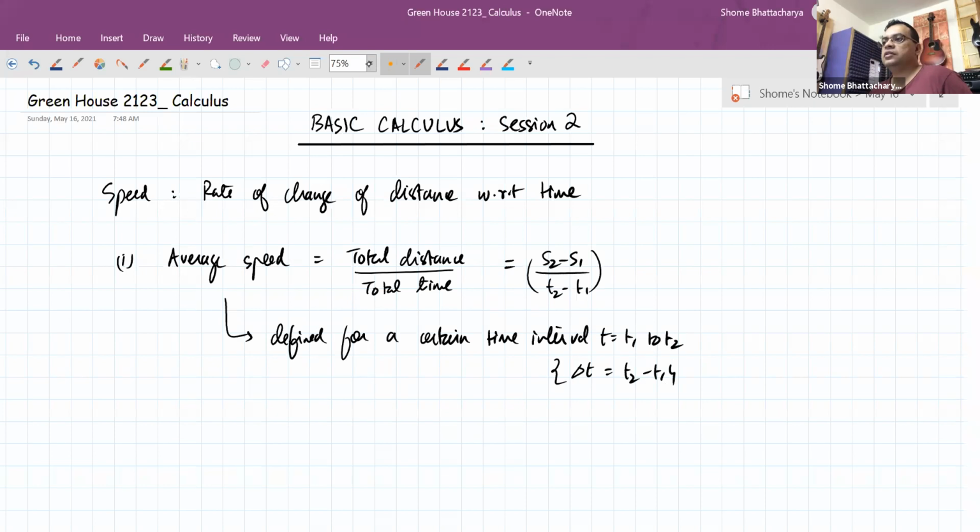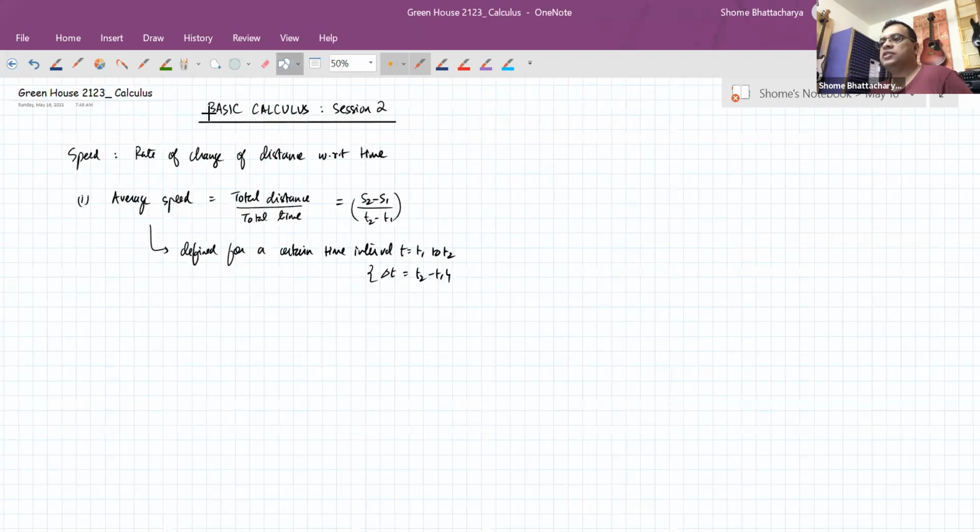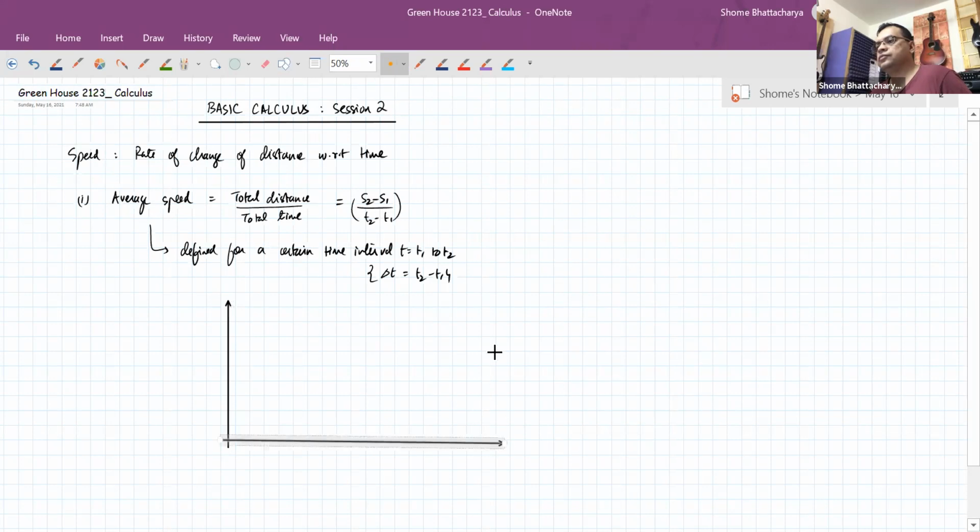So we had seen that the graphical or the geometrical representation of this average speed will become, if this is our distance versus time graph, so let us say that graph is something like this. So you can see that it has a variable slope. That means the speed is not constant.